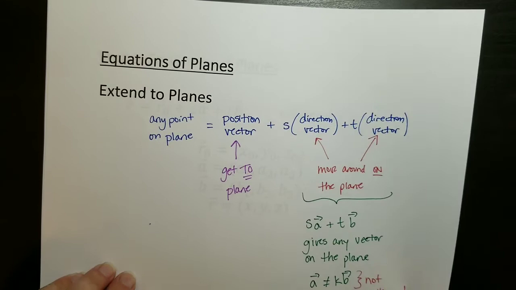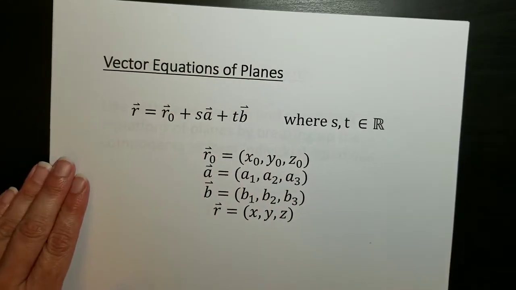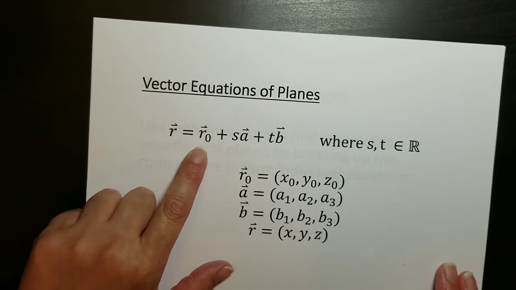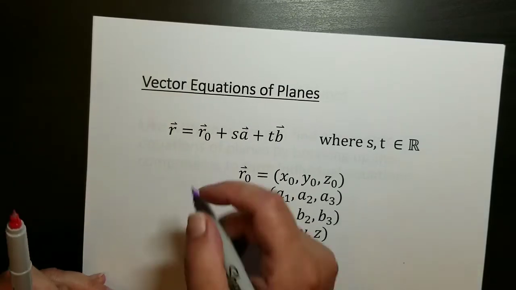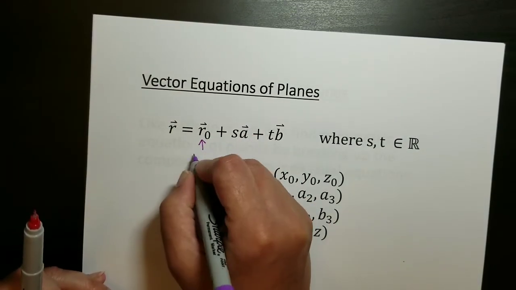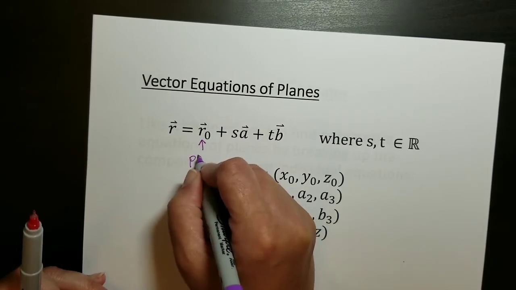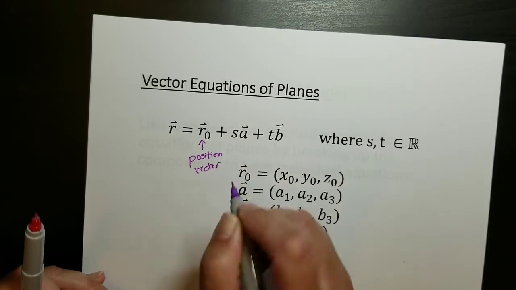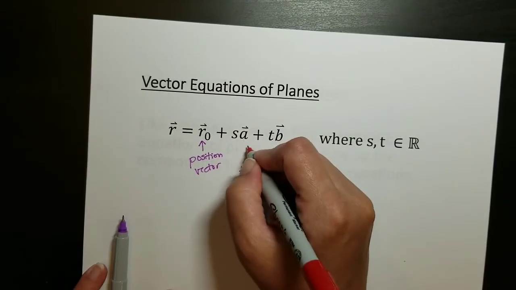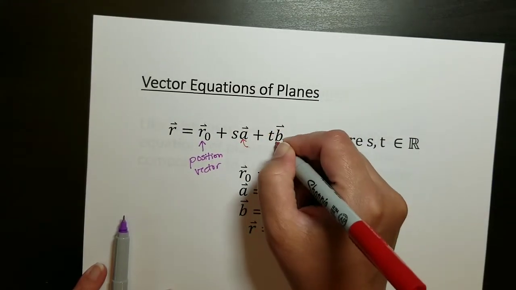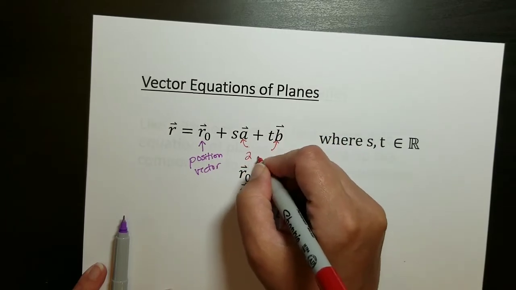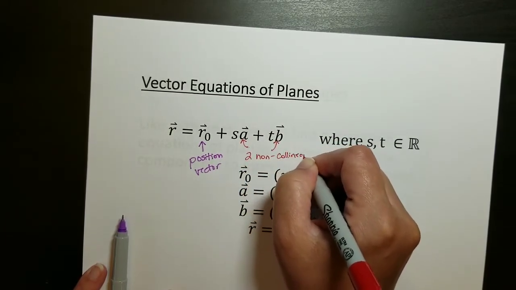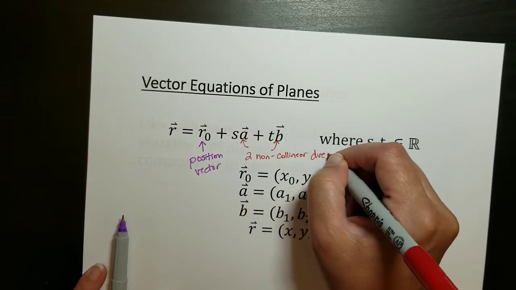So, more formalized here without just writing it all in words, I've got my position and 2 direction vectors. The position vector here is getting to the plane, and then 2 non-collinear direction vectors.